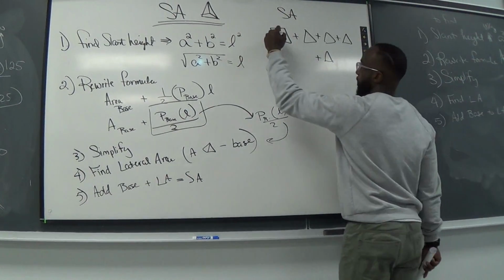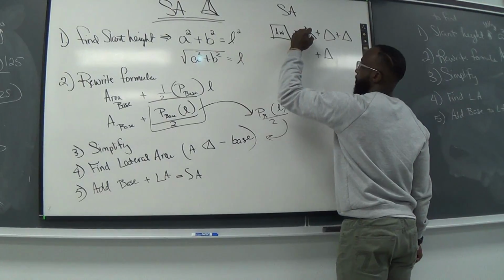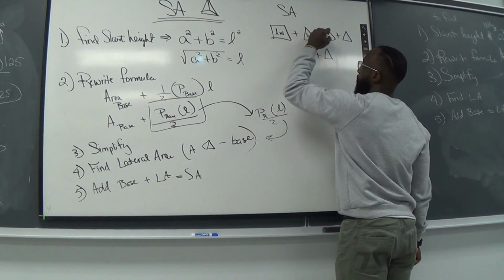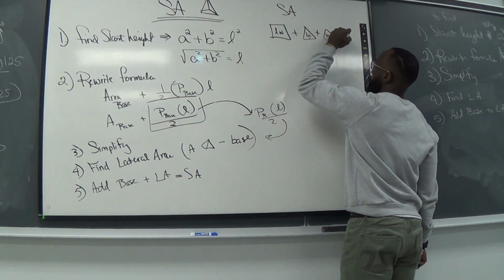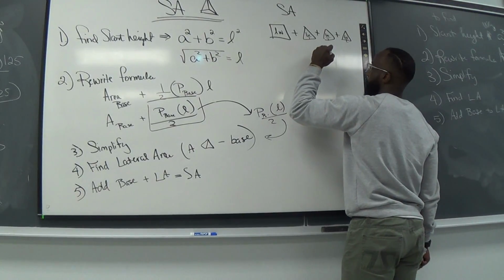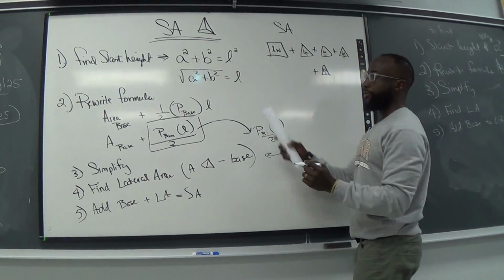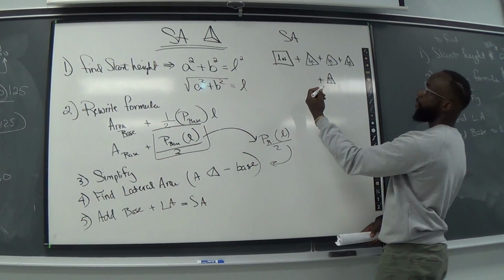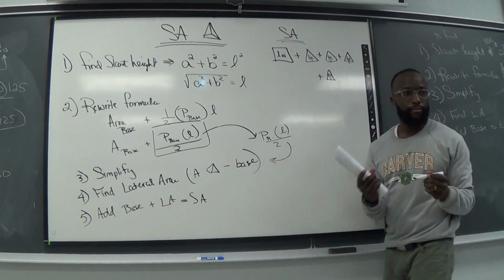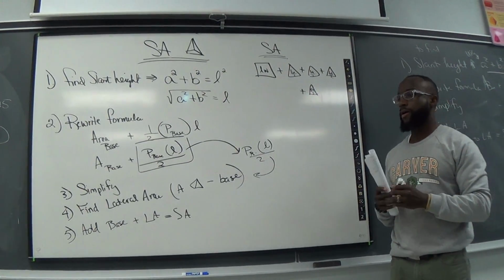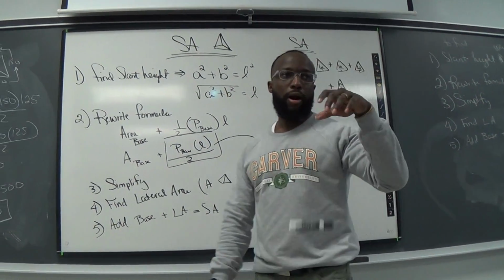So this is length times width, and that's length times width over 2, four times. Worst case, you can do it this way, or you can do it that way. Can you do another way too?